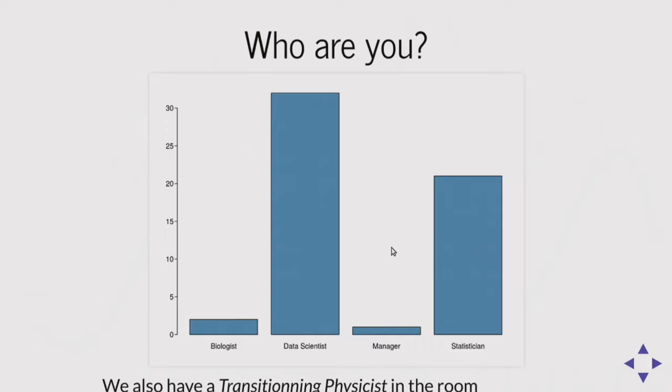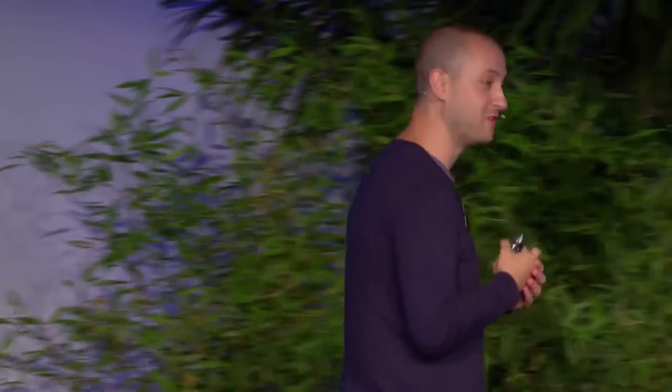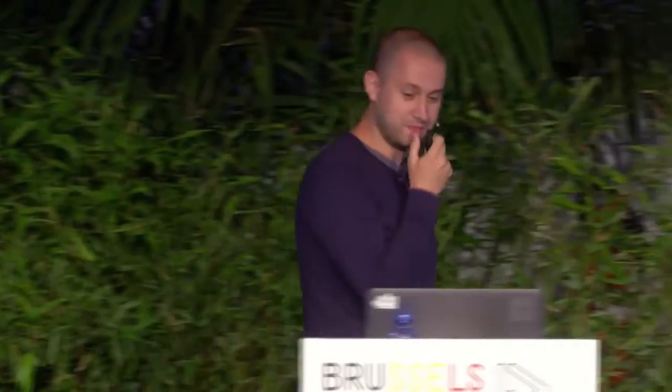There was a free text box, and someone put in transitioning physicist, which I found quite amusing. I'm not sure if that means you're coming from physics to something else, or you're going to physics, we'll leave that one.